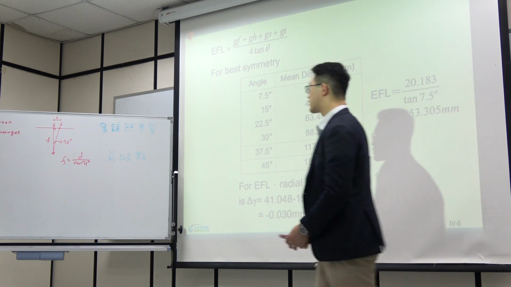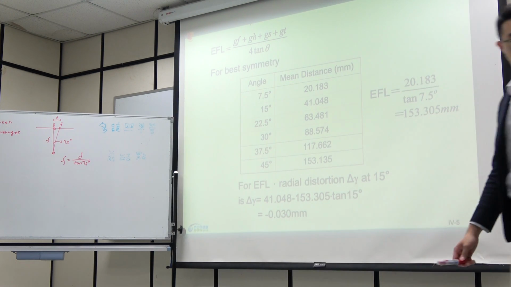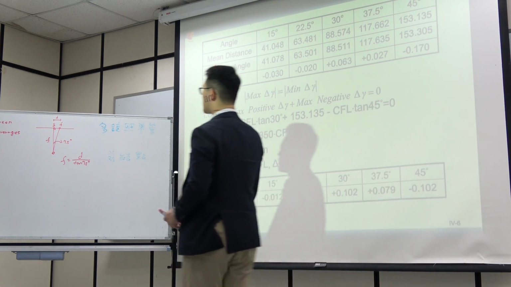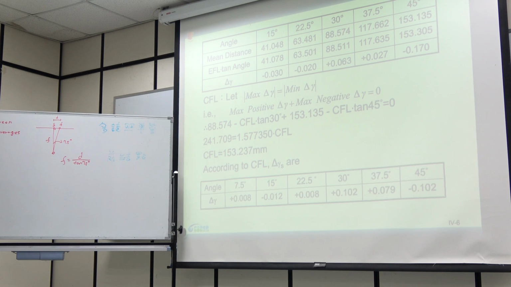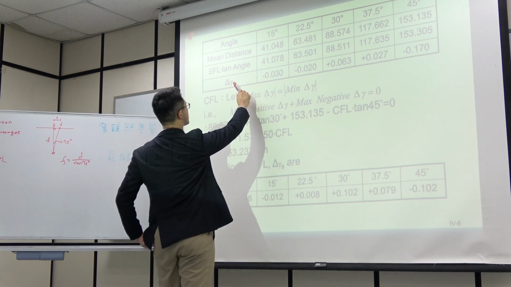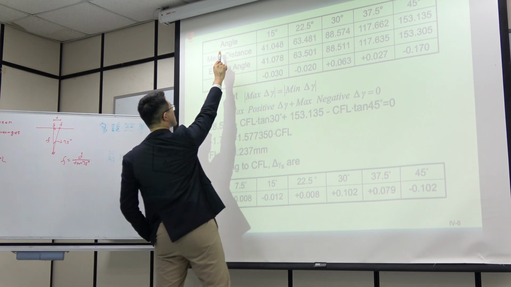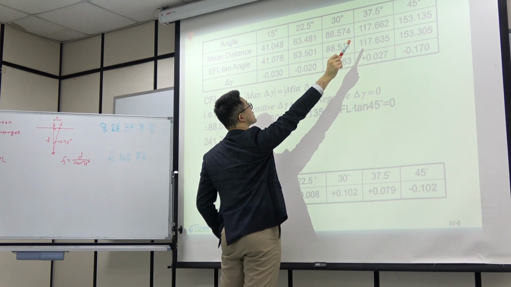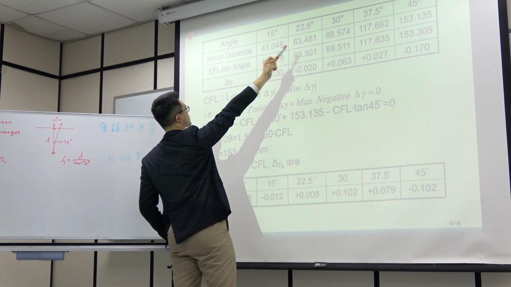Right. So the third step, we can go to the next page to have a table. The third step is to calculate delta R with EFL. As you can see, the first row is the angle. The second row, the mean distance, is the measured distance from the center collimator to other collimators.